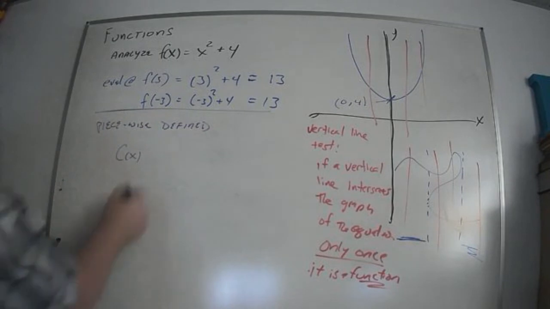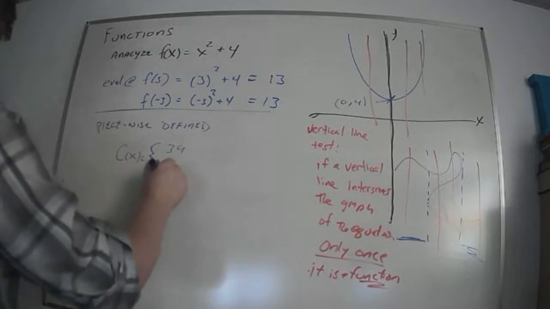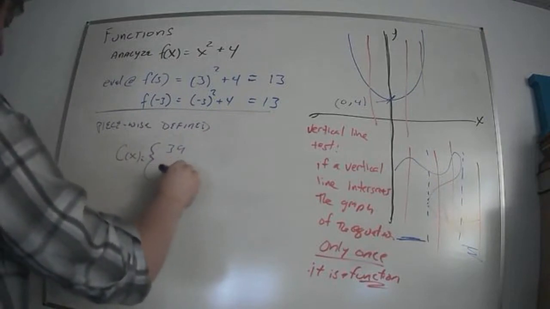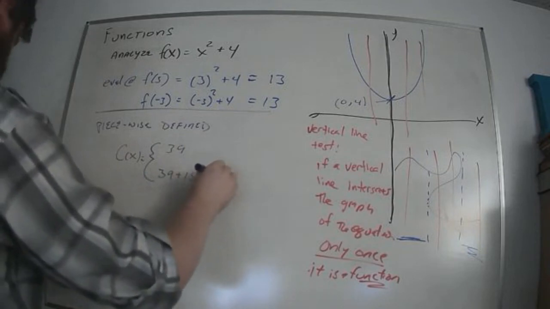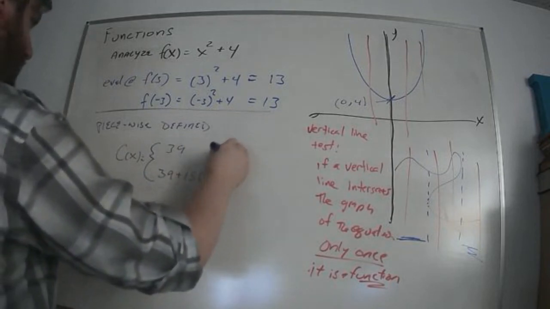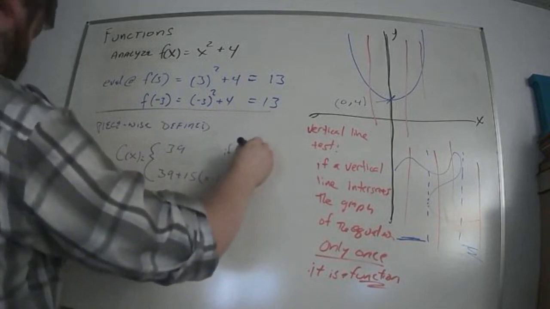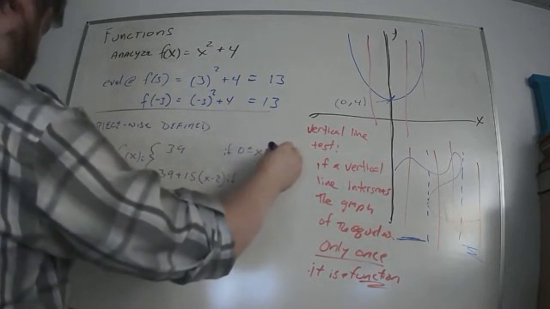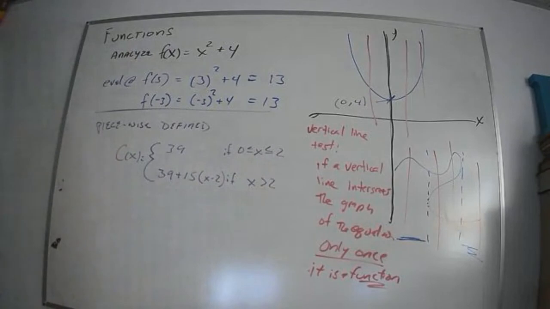They like to do this. So this example tells us this function, C of x, and you can use any letter here.